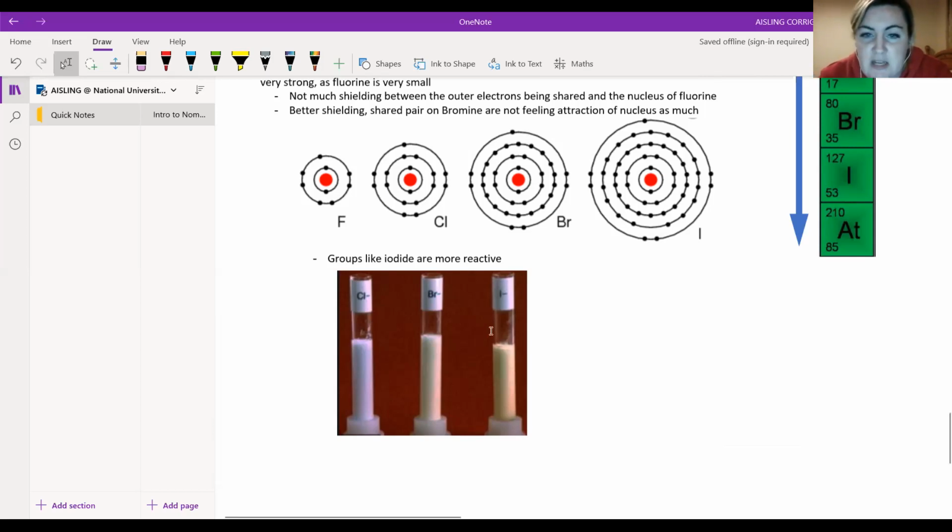So the bond enthalpy between the iodine and the carbon is a lot less than between the carbon and the bromine, or the carbon and the chlorine. The reason being the bond enthalpy is less is that it's a bigger atom, okay? A lot more shielding, a lot less attraction between its bond pair and its nucleus on the inside.